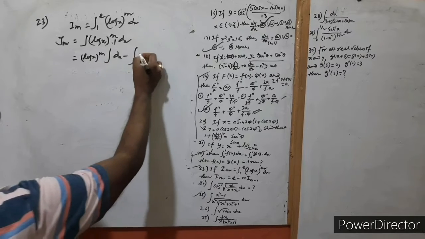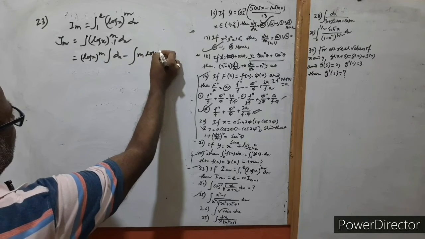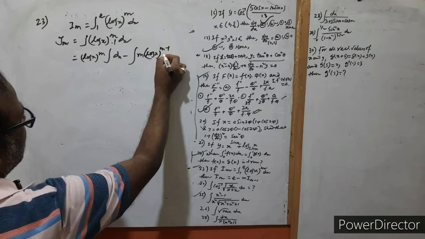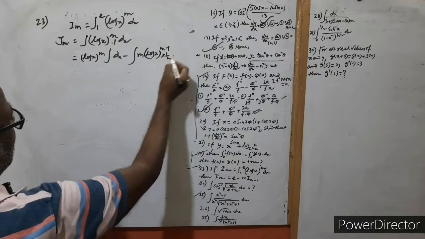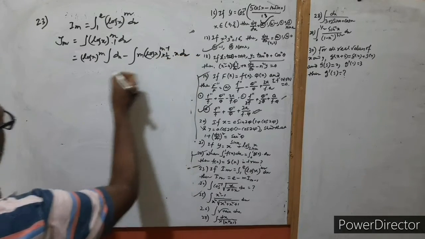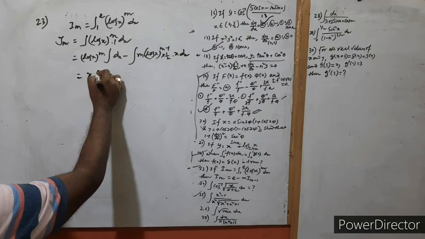If we differentiate this, we get m into log x to the power m minus 1 into 1 by x, and integrate the other part.